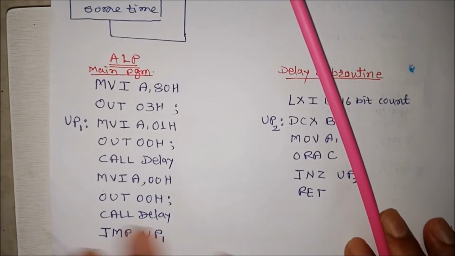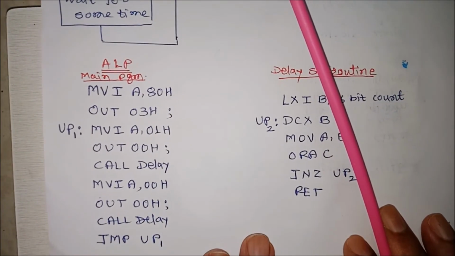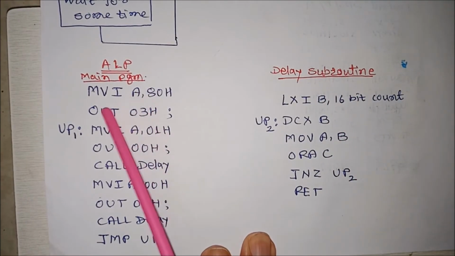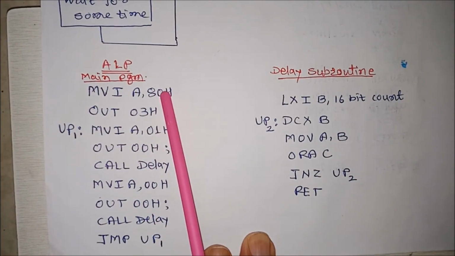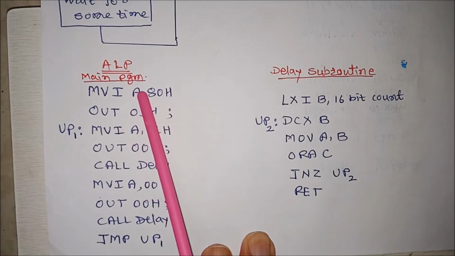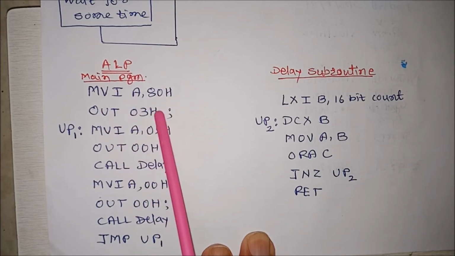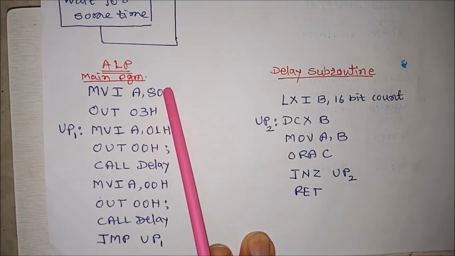I will give you the instructions. The first two instructions: I take 80H, the control word, in the accumulator, and output it to the control word register. The meaning of these first two instructions is that we have initialized 8255.